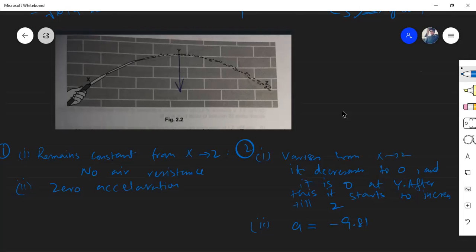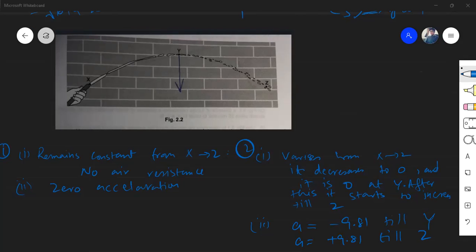So it first decelerates till y, and after that it's actually plus 9.81 till z. This is the description only of what I can think of.